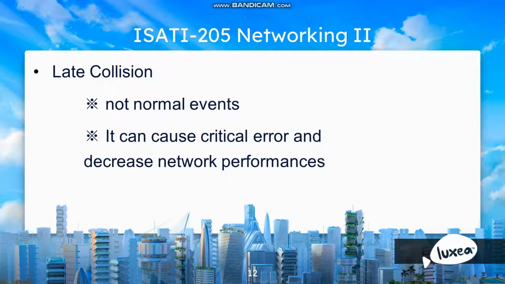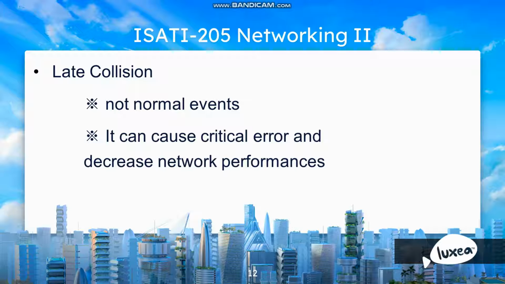So what is late collision? Is it literally just late collision, like it happens after or late? Yes, it is. In normal Ethernet operation, collisions occur before the first 64 bytes of frame transmission. But if a collision happens after we send 64 bytes, we call that a late collision, because it is late and didn't happen in the first place.